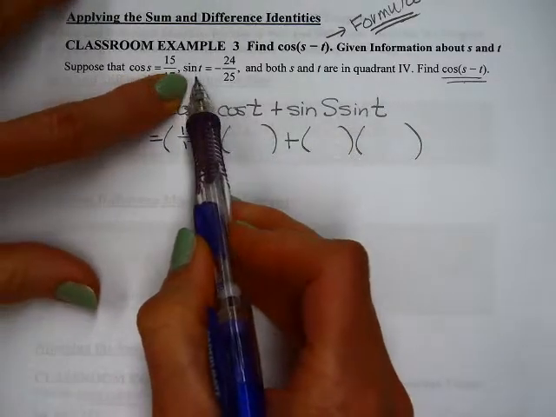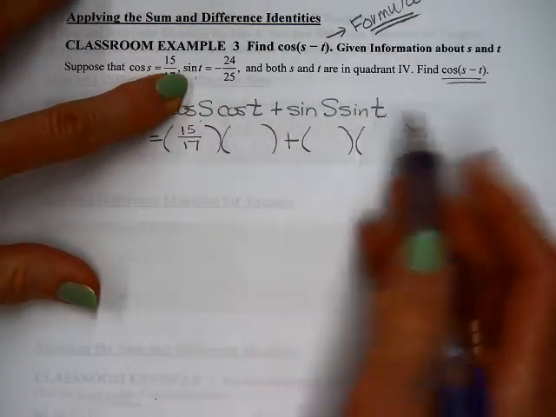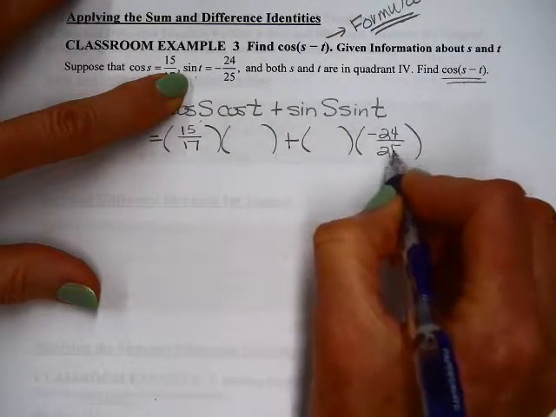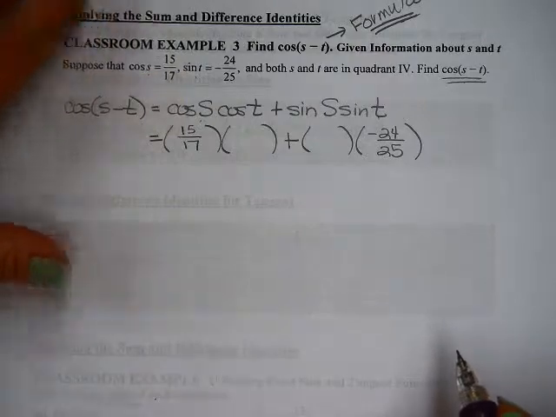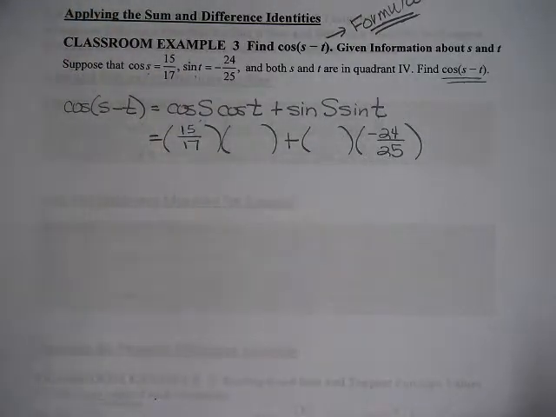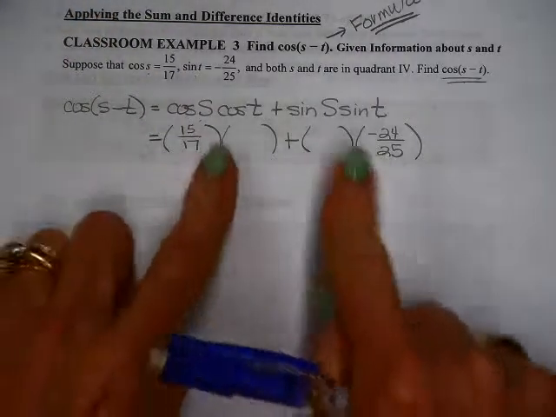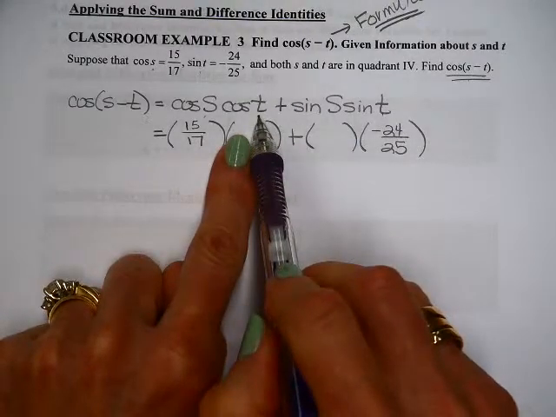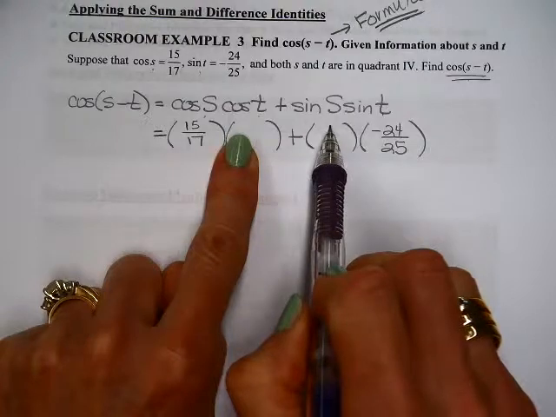And they gave me the sine of T, which is down here, as negative 24 over 25. Are we good so far? Okay. We've got 2 missing items. We're missing the cosine of angle T, and we're missing the sine of angle S.